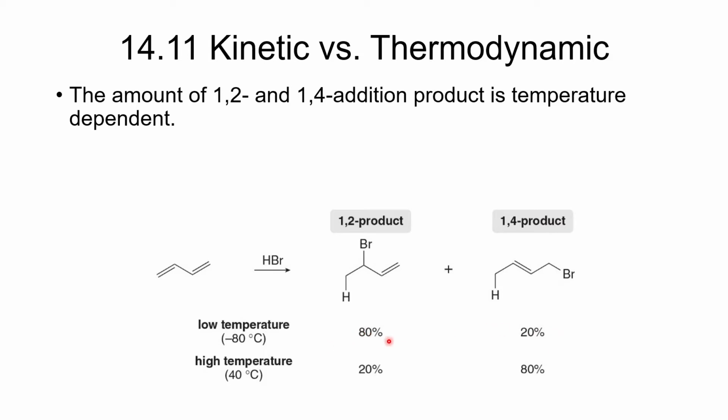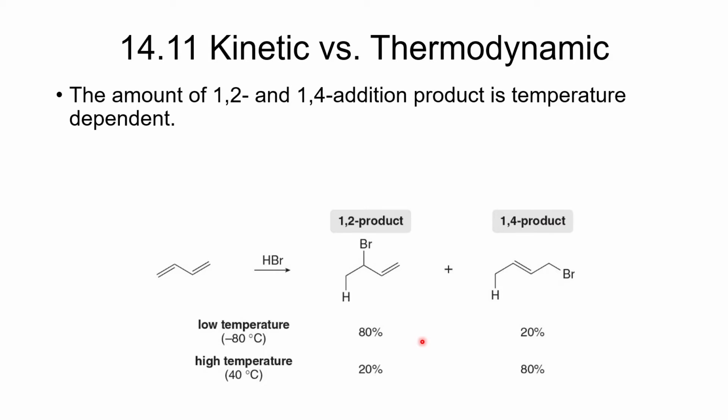When you get differences in the amount of each product when you change the temperature, that usually indicates that one is a kinetic product and one is a thermodynamic product. And that's the case here.